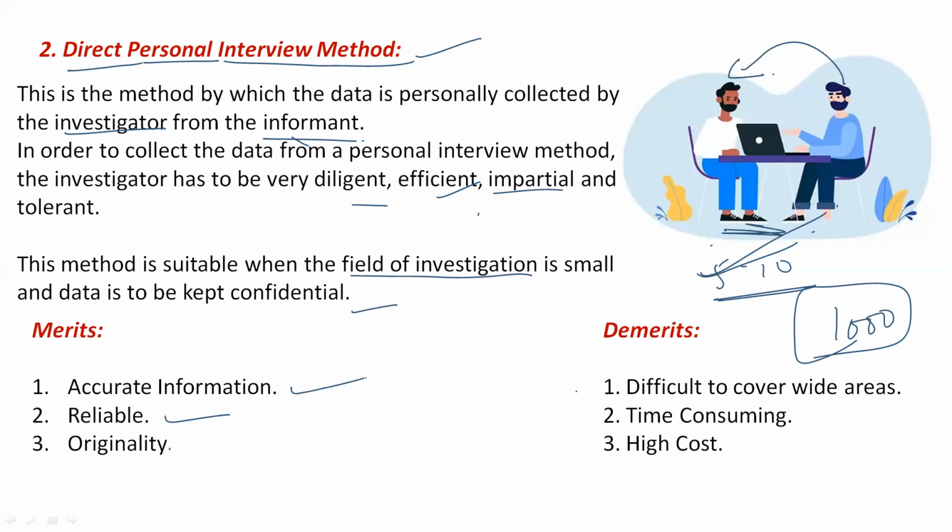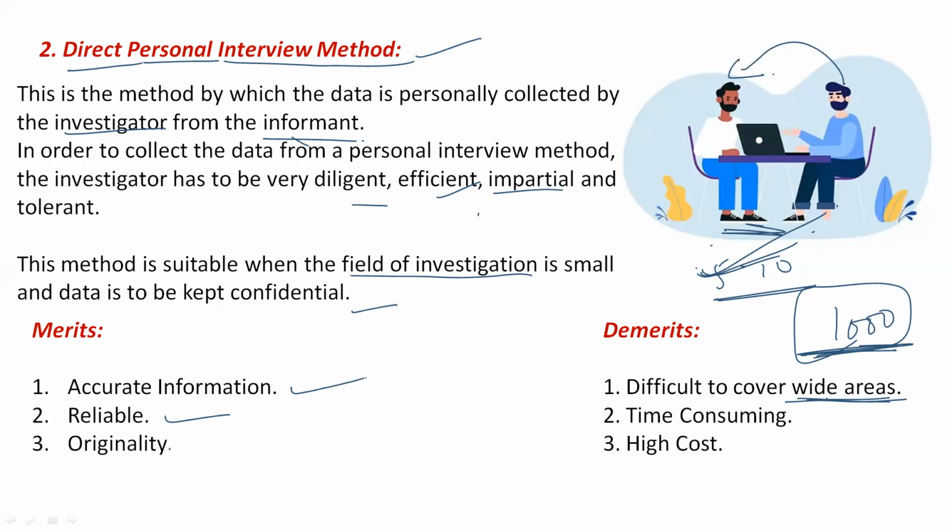Then what are the demerits of this method? It is difficult to cover wide areas. As I already told you, if the investigator wants to collect information from 1,000 people, then this method is not very practical, as the investigator cannot talk to 1,000 people individually.